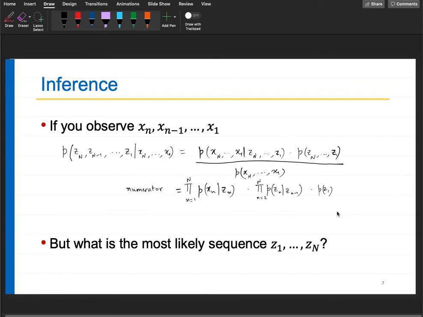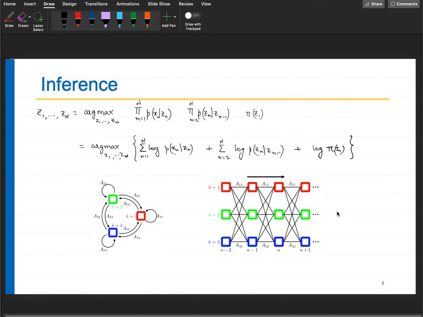Now this question is important. How do you estimate the most likely sequence Z1 to Zn? This is not trivial. I am not asking you for one season. I am asking you for the entire evolution of seasons, the entire trajectory of seasons. This is a difficult problem. How will you solve this problem? So let us write it down in terms of the joint distribution.